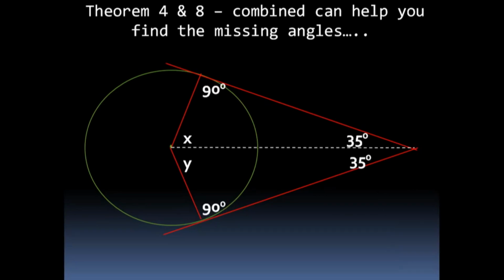So we have this triangle at the top with 90 degrees, x degrees, and 35 degrees. These three angles should add up to 180 degrees. We have 90 already, so we need 90 more. So x plus 35 should be equal to 90. So x is equal to 90 minus 35 degrees, and so x is equal to 55 degrees.